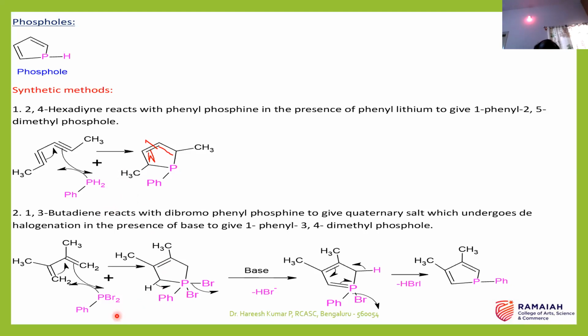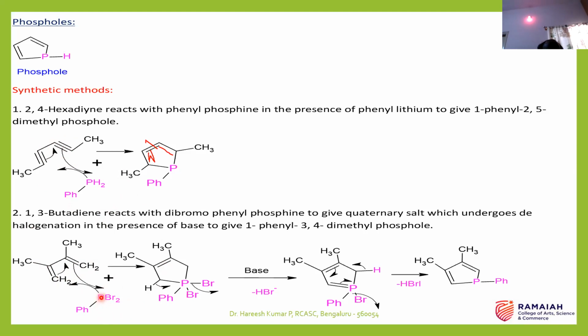Here, instead of taking phosphine, dibromophosphine is the reactant. And instead of taking a diyne, meaning sp carbons, here an sp2 hybridized one, that means butadiene, is taken. So butadiene, when it is treated with phenyldibromophosphine, again what is happening?